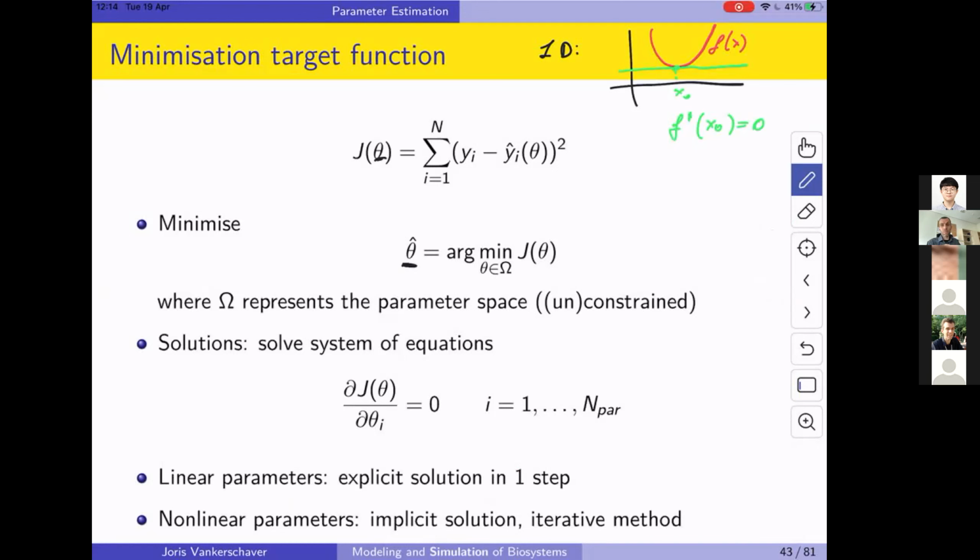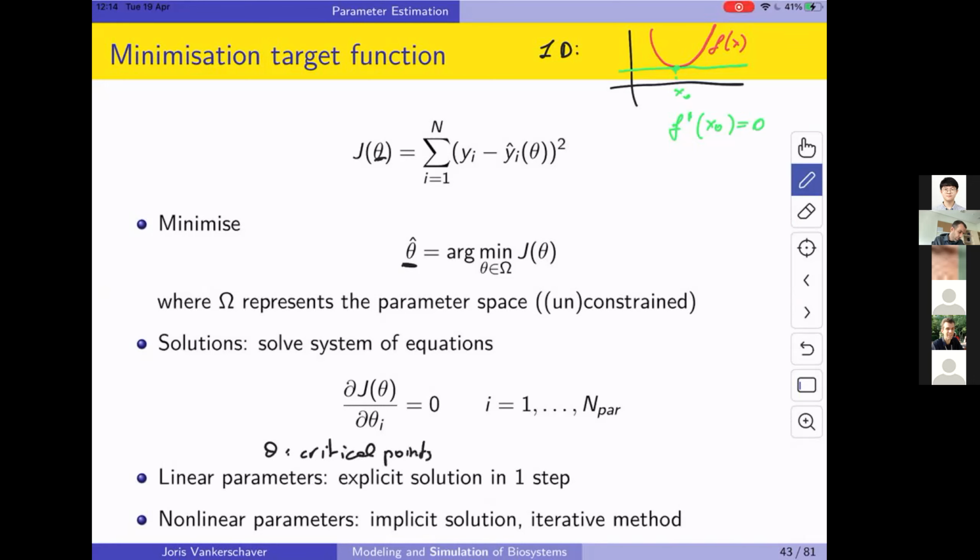If you have an objective function of more than one parameter, then there's no longer one derivative to calculate. Now you have to calculate the derivative with respect to each parameter. So you get partial derivatives of J with respect to each parameter, and you look at where those partial derivatives become 0. There's a small calculus thing to be aware of here. If you look at this system of equations, partial derivatives equal to 0, what you will get is the thetas that are critical points.